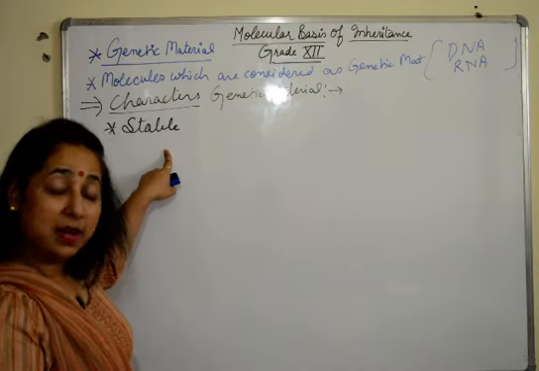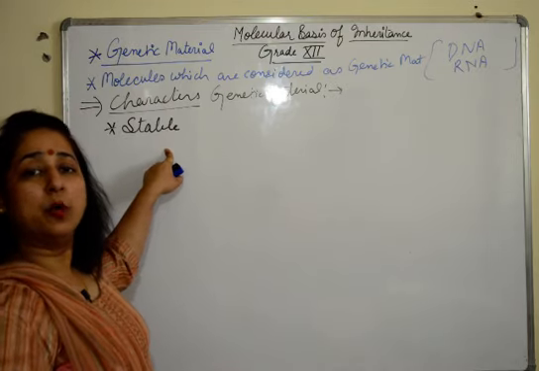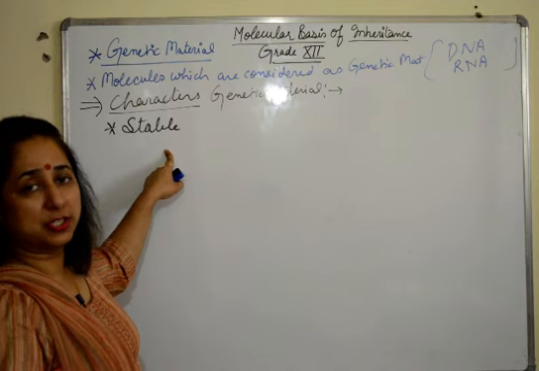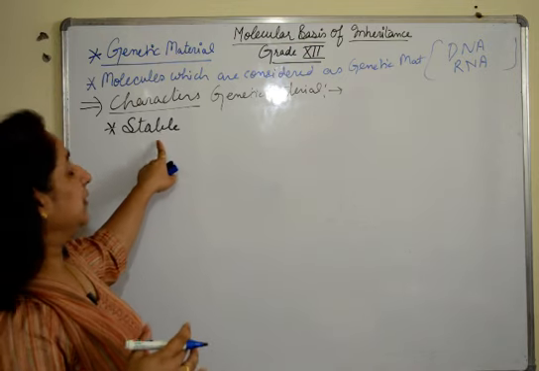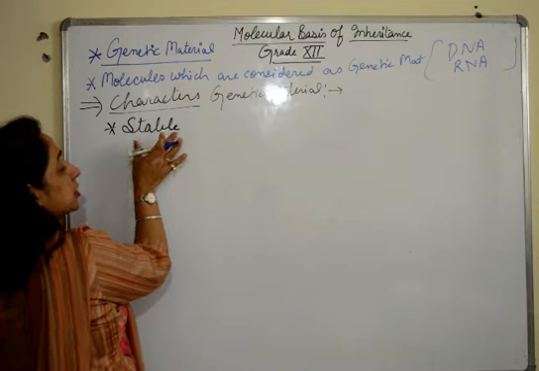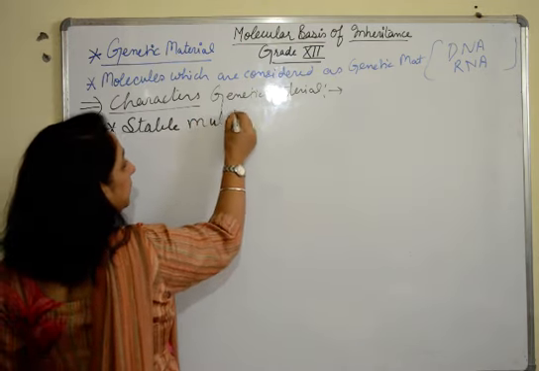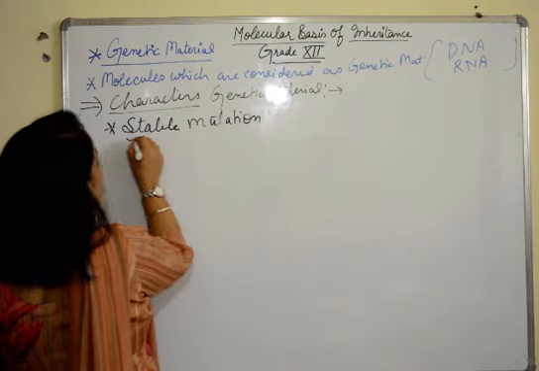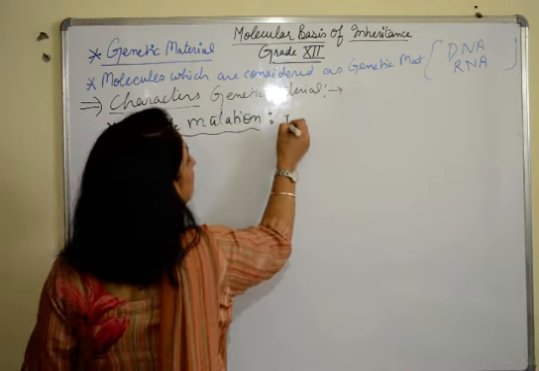When will it be stable? When will it be reactive? When it has more functional groups attached to it. It would be stable as and when it has fewer functional groups attached to it. Plus, it should be able to show stable mutations. Why stable mutations?